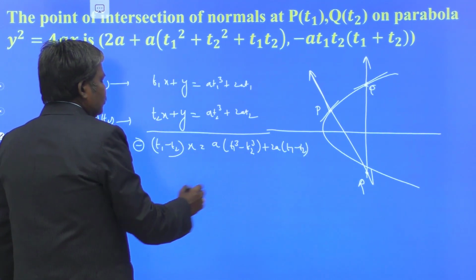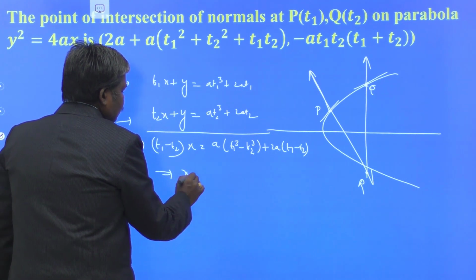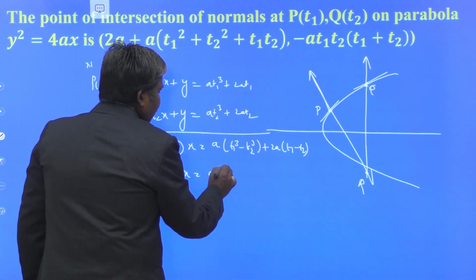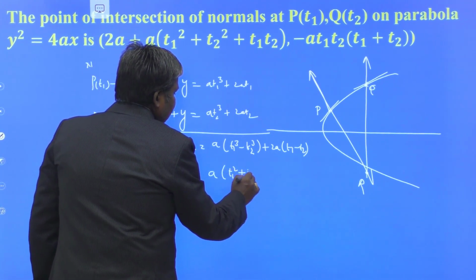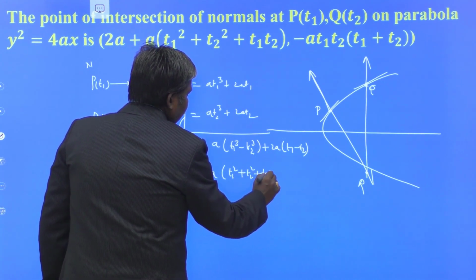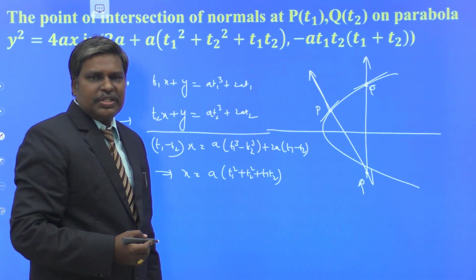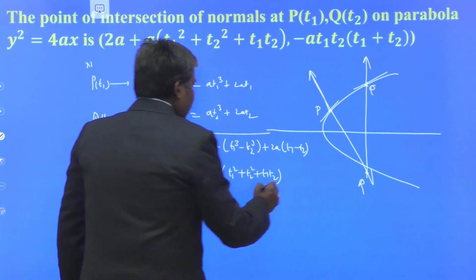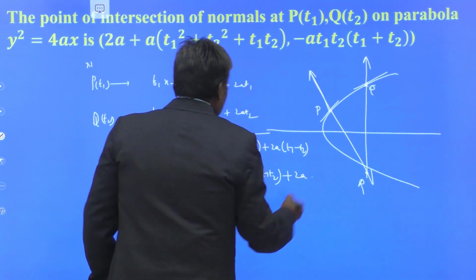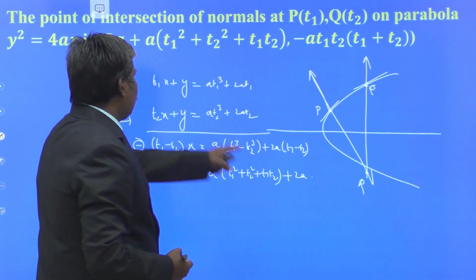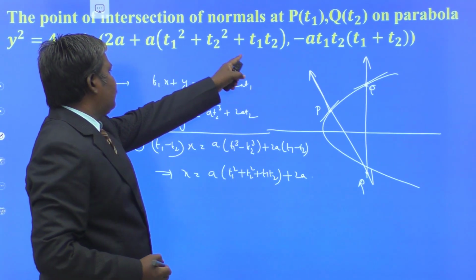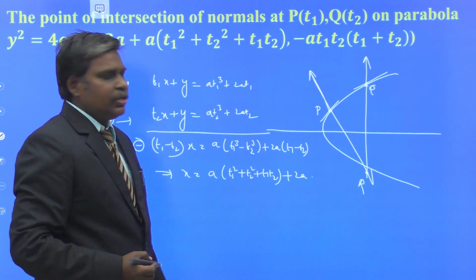Cancel out T1 minus T2 on both sides, we get the x coordinate. x is equal to a into (T1 square plus T2 square plus T1 T2). Am I correct or not? a cube minus b cube is (a minus b) into (a square plus ab plus b square), plus 2a. So this is the x coordinate. See here, 2a plus a times (T1 square plus T2 square plus T1 T2).